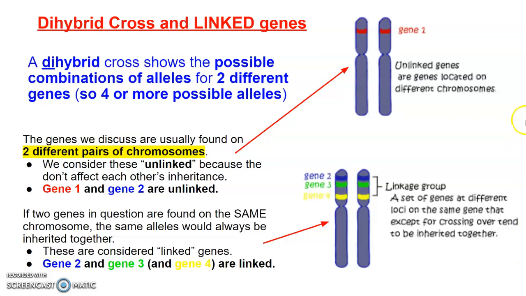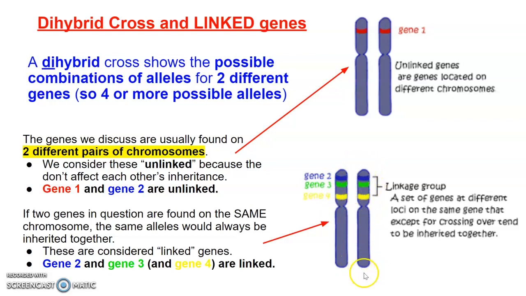So it's already set out for you here, but just to explain, if we're talking about gene 2 and gene 3 relative to each other, what we would notice is that any gamete that inherits this chromosome is going to inherit whatever allele is being held here, and here, and here. And the same for any gametes that receive this chromosome.